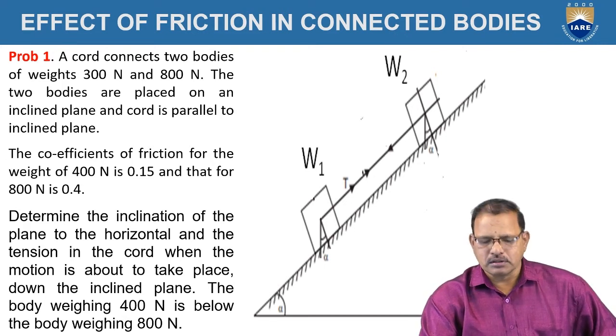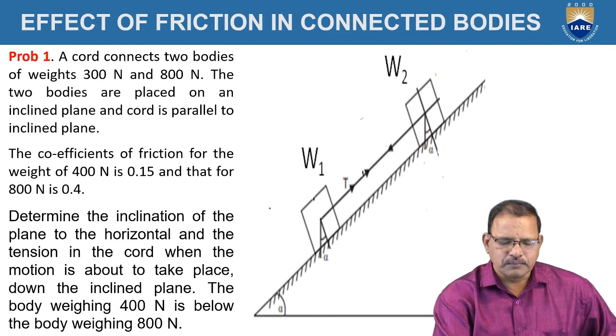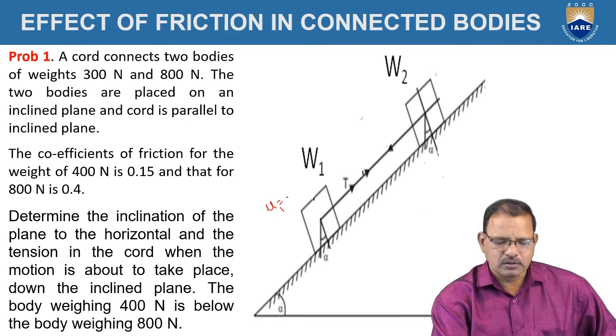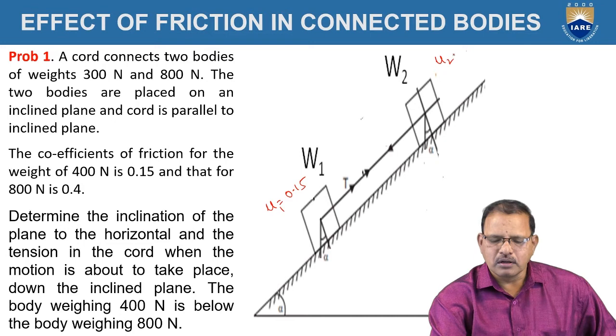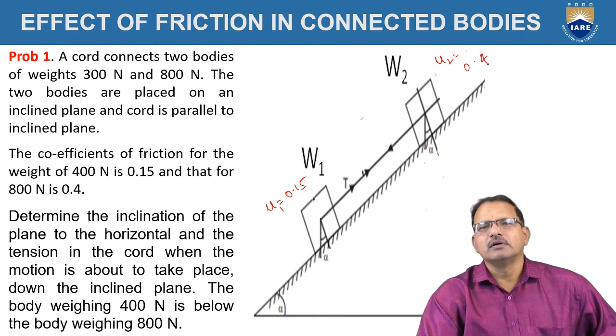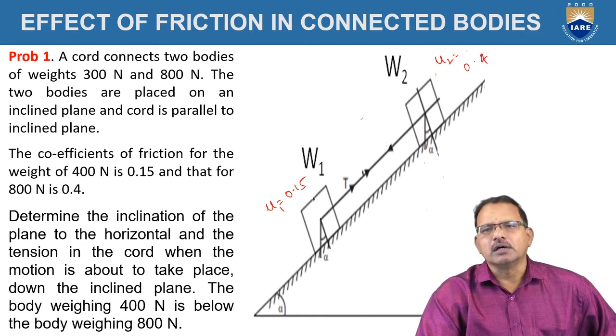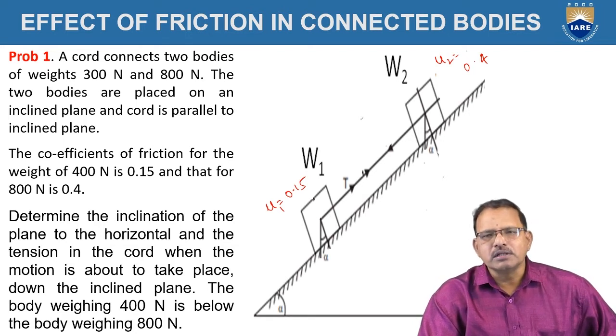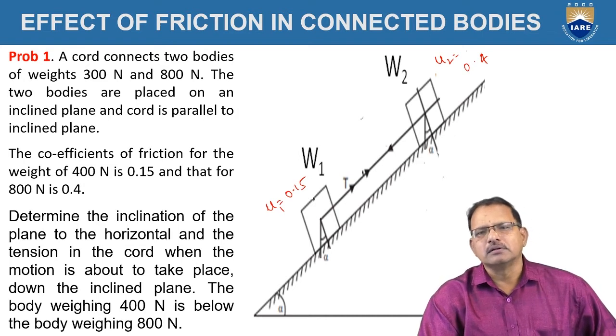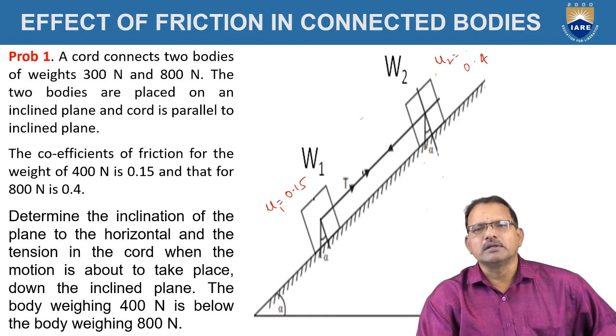The coefficient of friction for W1, assume mu1, is given as 0.15, and mu2 is 0.4. Determine the inclination of the plane to the horizontal and the tension in the cord when the motion is about to take place down the plane. This is the problem given.